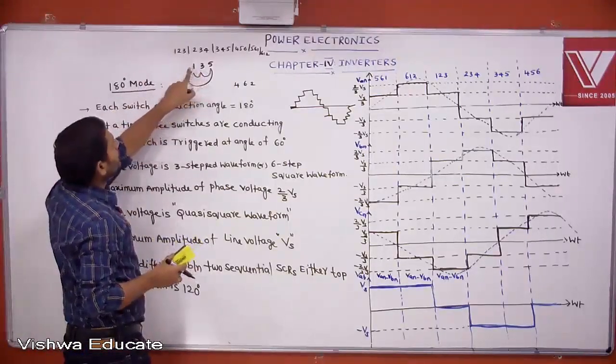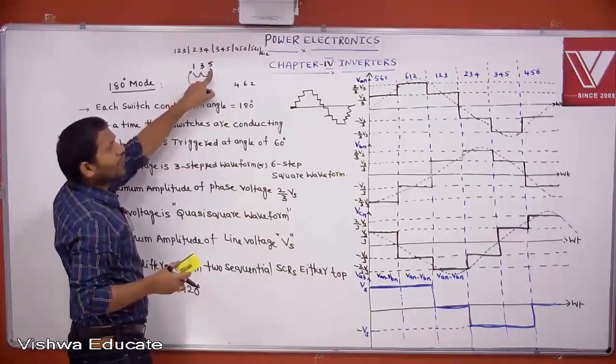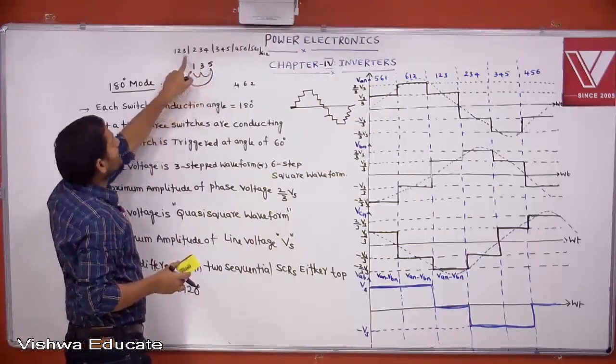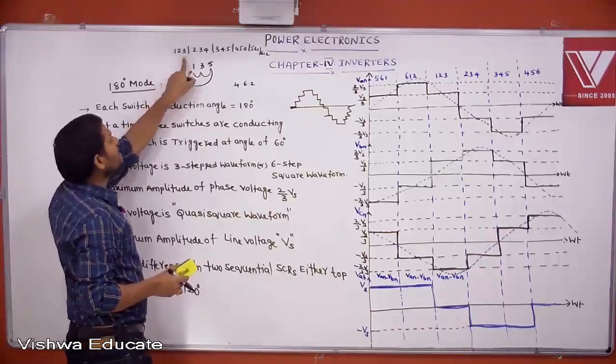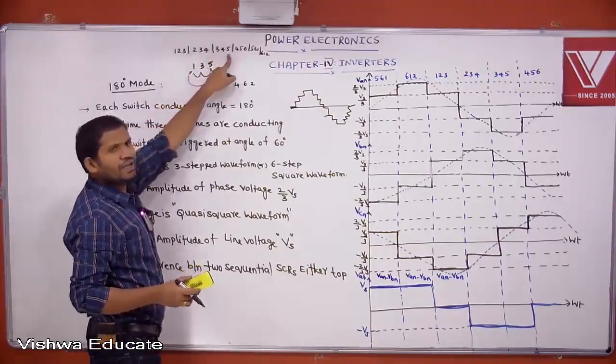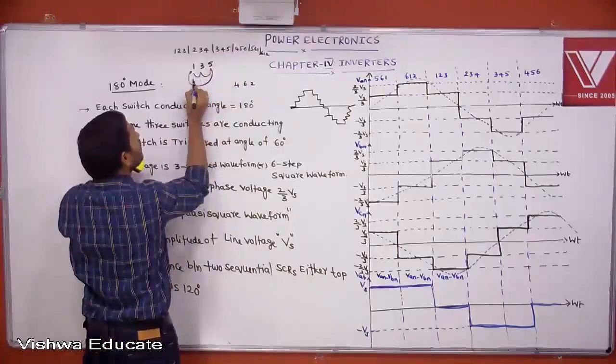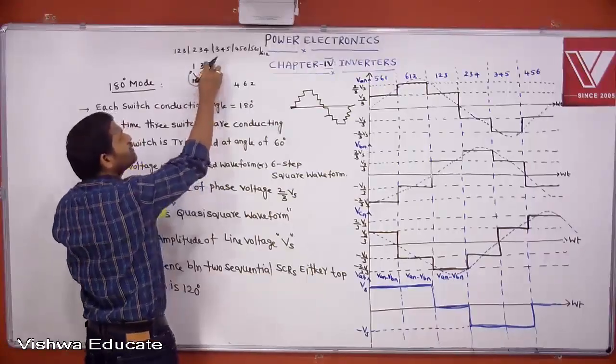I will start with 3 and 5. Here 3 is triggered. 60 plus 60, after 120 degrees, 5 is triggered. That's why the angle between these two is 120 degrees. The angle between 3 and 5 is 120 degrees.